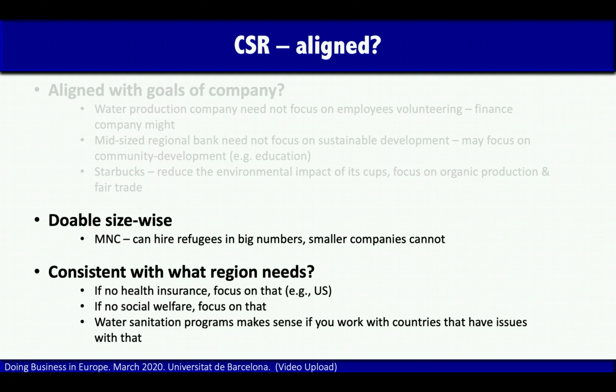If there's no social welfare, again, the US is a good example, but some European countries also are a good example. You may want to focus on providing some sort of insurance for the workers when the state is not providing it. Or, you may want to engage in water sanitation programs when you work in a region where that's an issue. Of course, that's not the case in Europe, but if your European company is going elsewhere in the world, that's something the company may want to engage in.